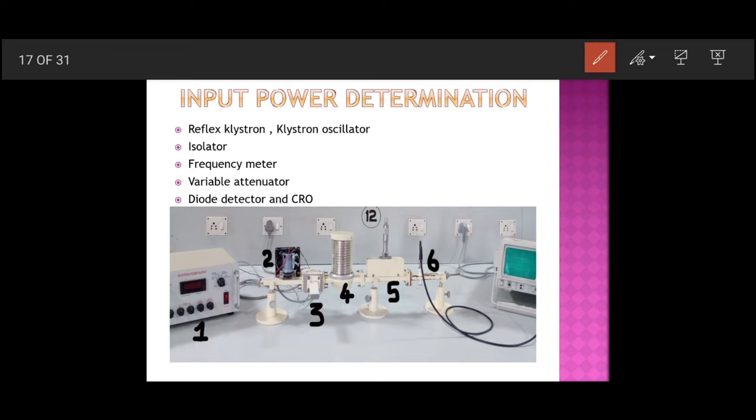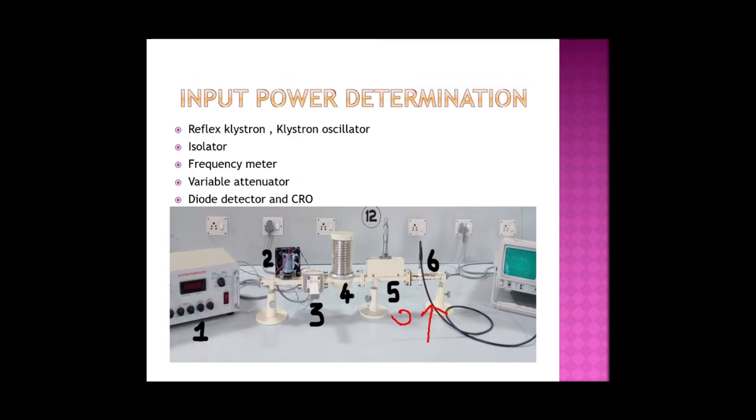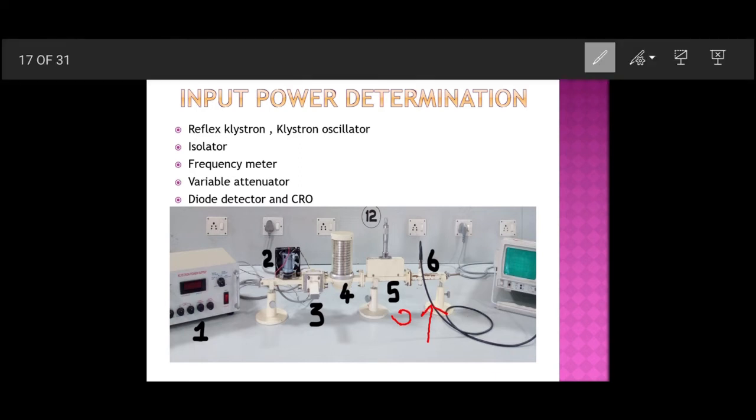Then, to find the relative output power, a directional coupler has to be connected in between the variable attenuator and diode detector. So, this is the block diagram for the determination of input power and relative output power using reflex klystron.